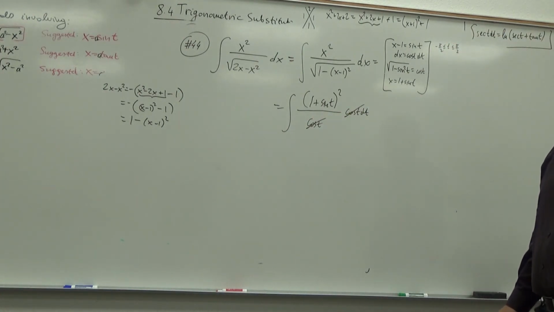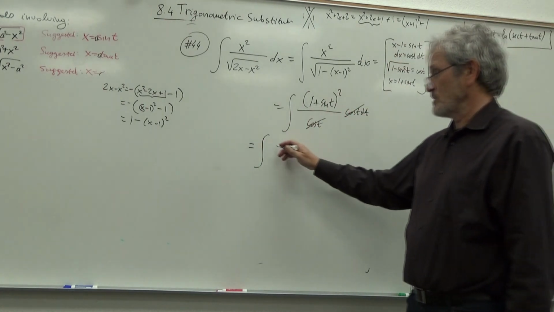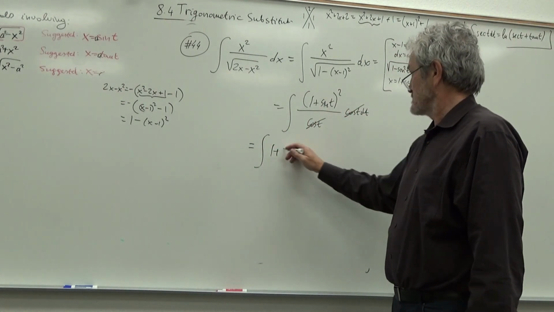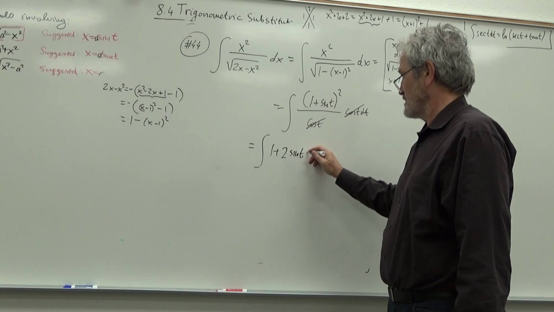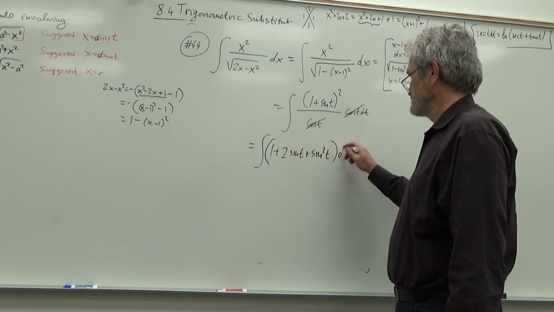Look how good a benefit we have. Not only did we get rid of the square root, we also got rid of the fractions. And then here we FOIL this, so we get 1 plus 2 sine t plus sine squared t everything dt.